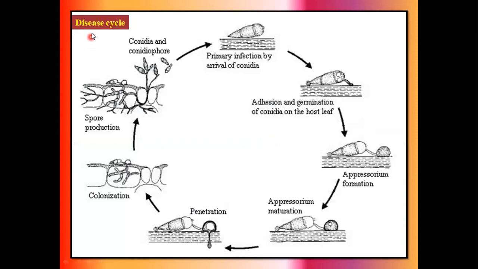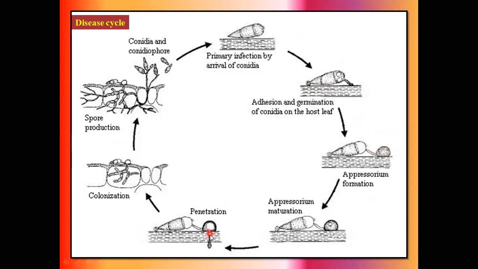Okay, so this is the disease cycle of Pyricularia grisea or Magnaporthe grisea. Primary infections generally take place from the ascospores or conidia present in the infected plant part. These spores land on healthy host tissue and develop germ tubes.